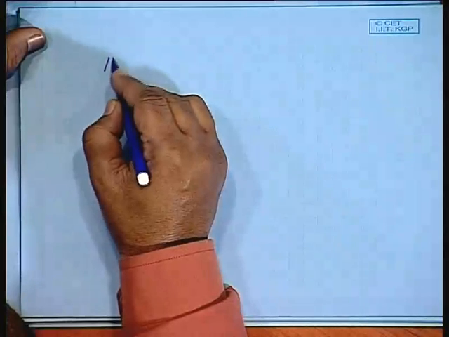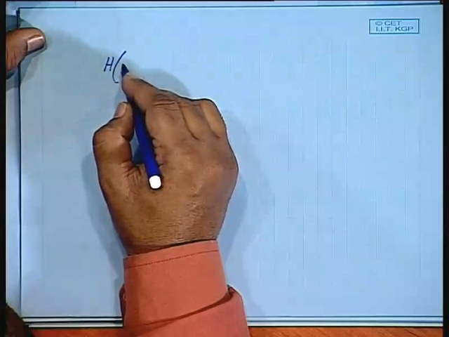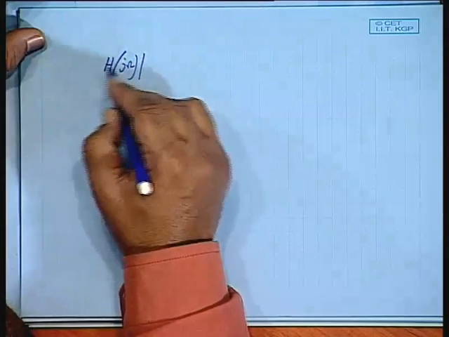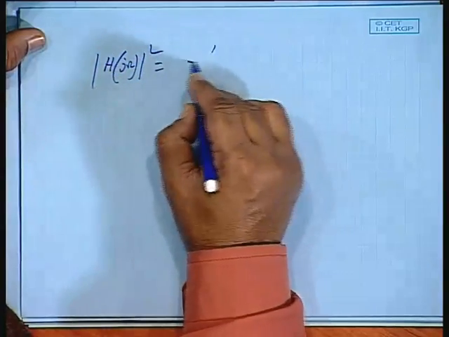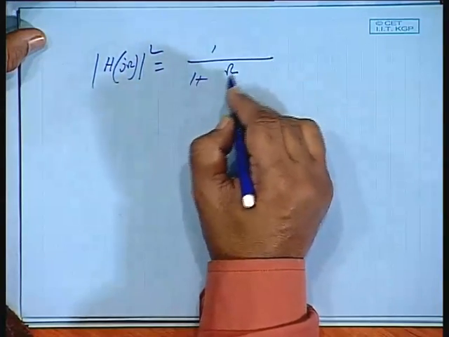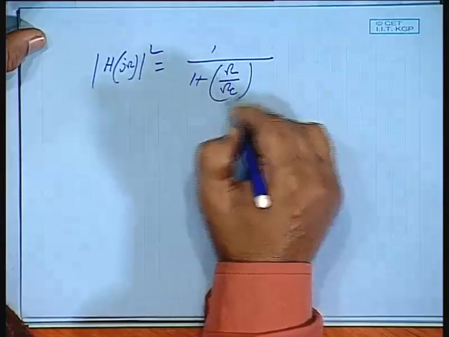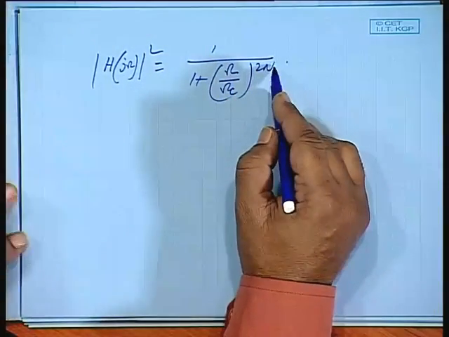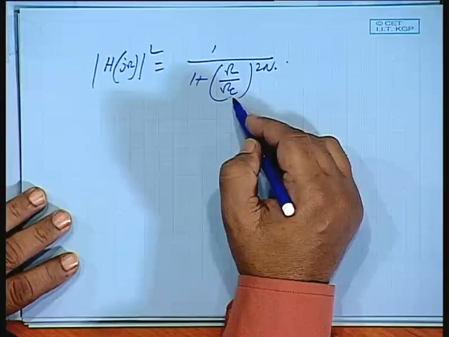Our interest is to find n and correspondingly omega c. Once you know these two, your design is complete, because in the Butterworth filter finally we have magnitude squared of H equal to 1 by 1 plus omega by omega c to the power 2n. So n has been solved, omega c has been solved.